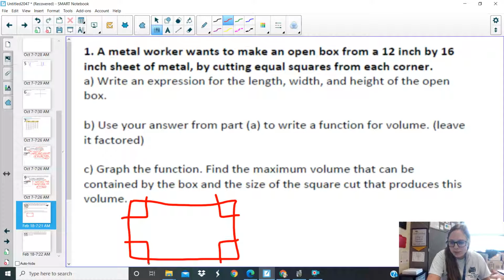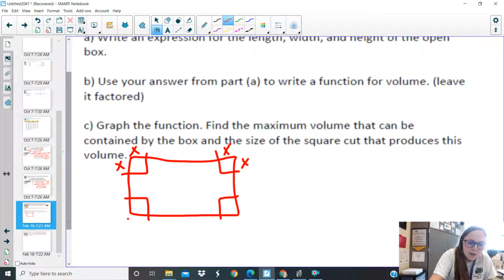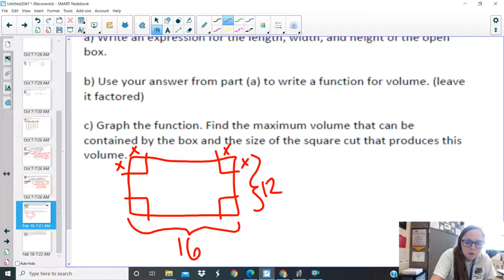So the sides of these squares are going to be considered X long. And that's for all the sides of all of these squares all the way around the box in every corner. So we need an expression for length, width, and height. So our original length, which is this whole part here, was 16 and the original width was 12.